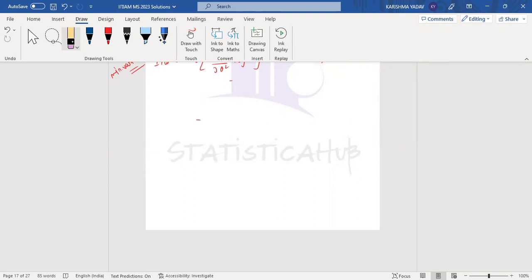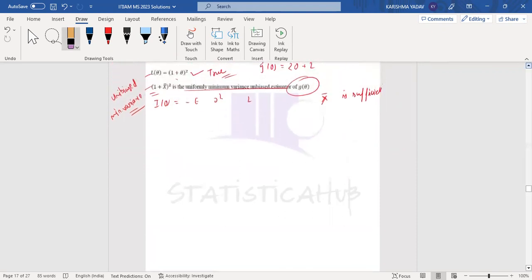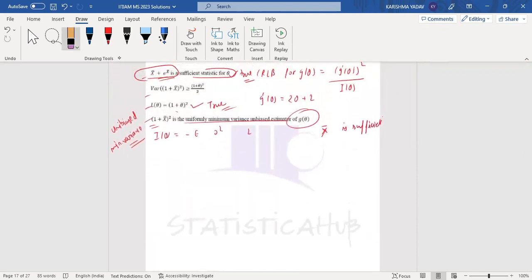We also know that x bar is a sufficient estimator, and x bar is also complete sufficient. So what is the expectation of x bar? That is equal to mu.